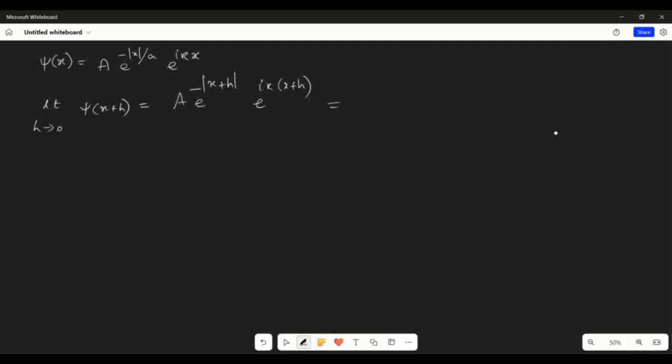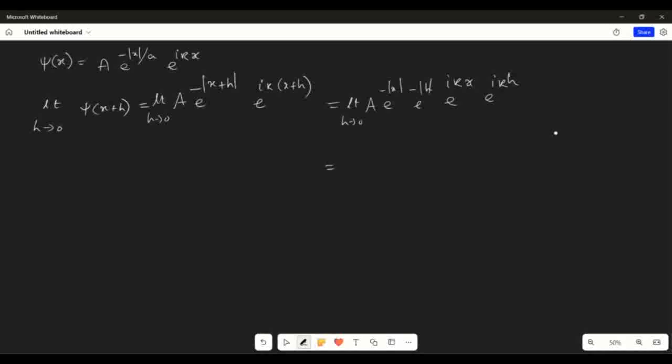So we can also write it as A e to the power minus |x|/a, e to the power minus h/a, e to the power ikx and e to the power ikh, and all these at limit h tending to 0.